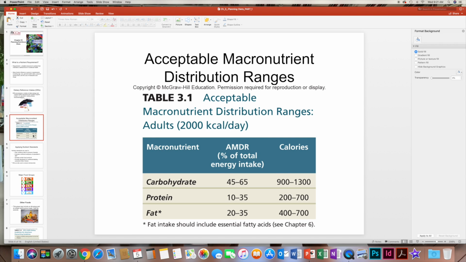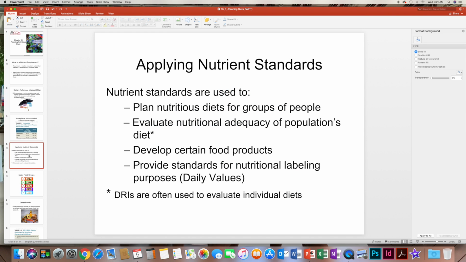With macronutrients, it's recommended that about 45 to 65% of your calories come from carbs, about 10 to 35% from protein, and about 20 to 35% from fat. And that's based on a 2,000 calorie diet per day. When you apply these nutrient standards, you want to make sure that you are able to use these across groups of different people.